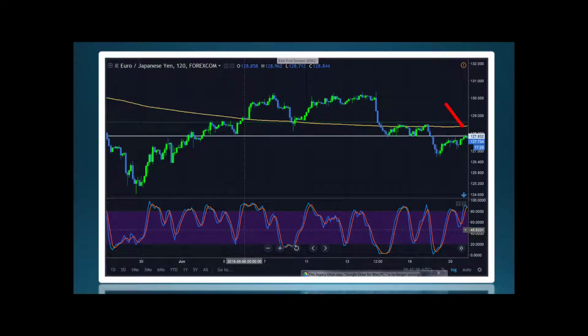The next one, Euro Yen. So again, this is what I was seeing at the time I took the trade. First thing I look for is a stochastic in overbought or oversold territory. In this case it's overbought. Second thing I look for is is it below the SMA, and how far below is it.